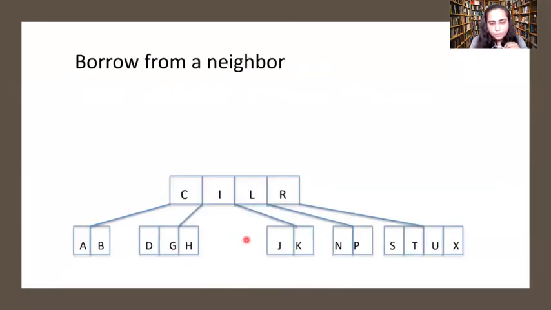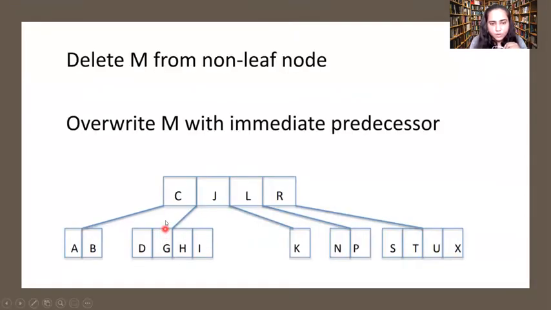You are going to borrow not from this side, but from the other side. So we borrowed one value from here, and that's why I is coming. You cannot put I in this position because then it would violate the property that I is less than J and it cannot come to the right side. So we have to put J here and shift I up.